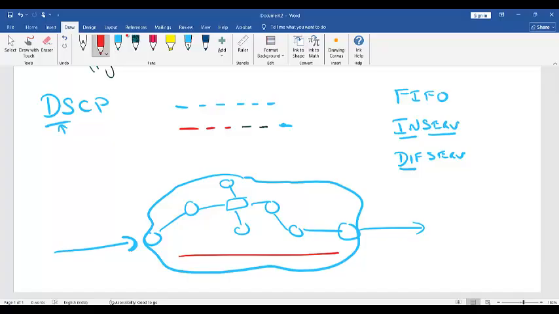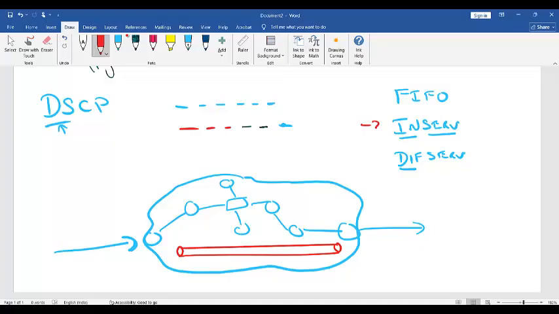Now, if you do it like this, you form a unique tunnel for each protocol. And then you pass the traffic to go inside. We call that end-to-end INTSERV.